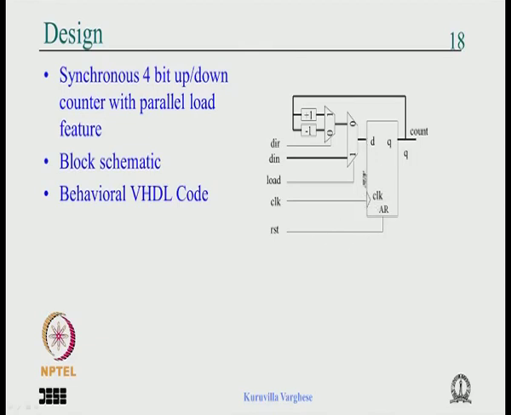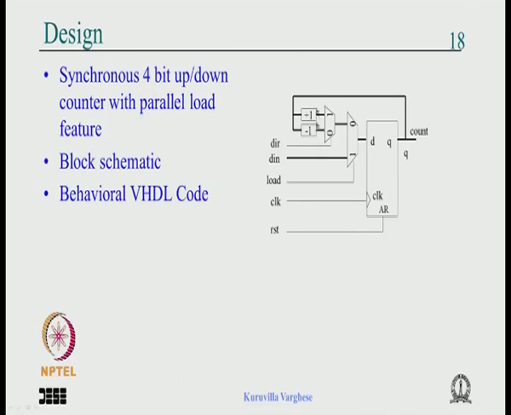We have 4 flip flops, reset and clock, which are common. We have the highest priority load, which goes to the first 2 to 1 mux, and if load is 1, this goes there, if load is 0 it depends on the direction. Now if direction is 1, then Q is Q plus 1, else Q is Q minus 1. And that's simple. Now the design is over.